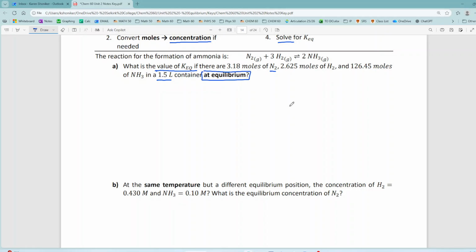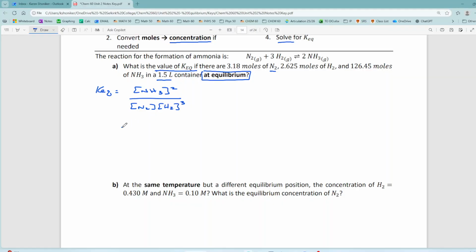So what's happening is they're giving you the number of moles at equilibrium for each of your species. The first thing we're going to do is write Keq. So our equation for Keq is going to be the concentration of ammonia, which is our product, squared, divided by the concentration of nitrogen times the concentration of hydrogen cubed.